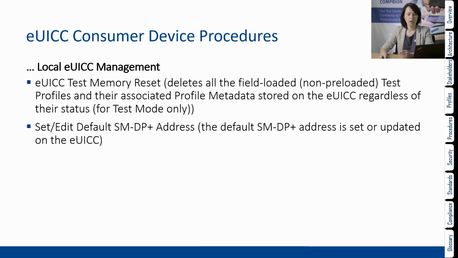There is a way to set a default SM-DP+ address, and there's also a way to change this address. Please note, this is different for the root SM-DS address. This cannot be changed by the functions defined in the SGP specifications.